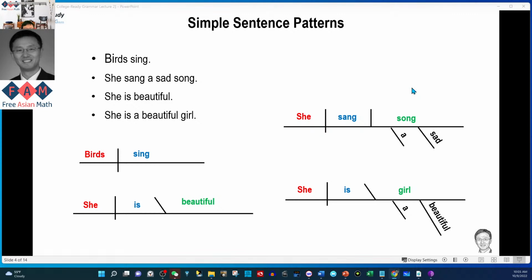She's a beautiful girl. Here, the verb is the so-called be verb, which is perhaps the most important and the most unusual verb in English, because there is only this one verb of its kind.